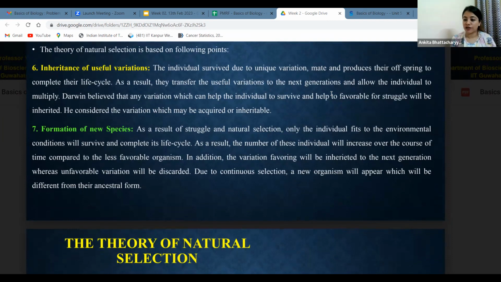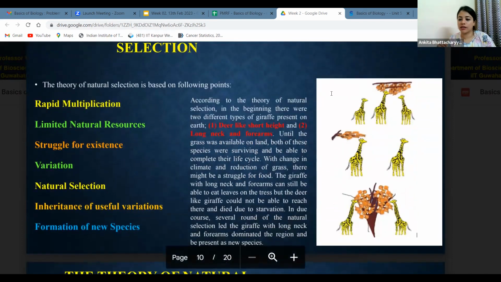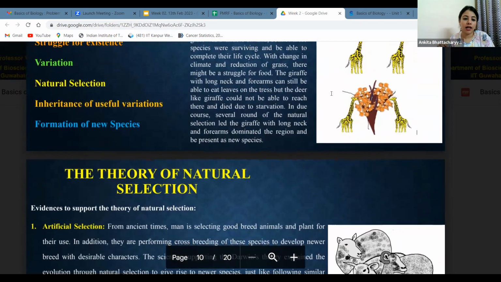The theory of natural selection proposes that whatever is beneficial will be retained, and the other characters would eventually be eradicated from the population. And finally, the formation of a new species. Because of the struggle for food and existence and natural selection, only individuals that are able to adapt will survive, and therefore it supports the hypothesis. And that's pretty much been validated here as well.